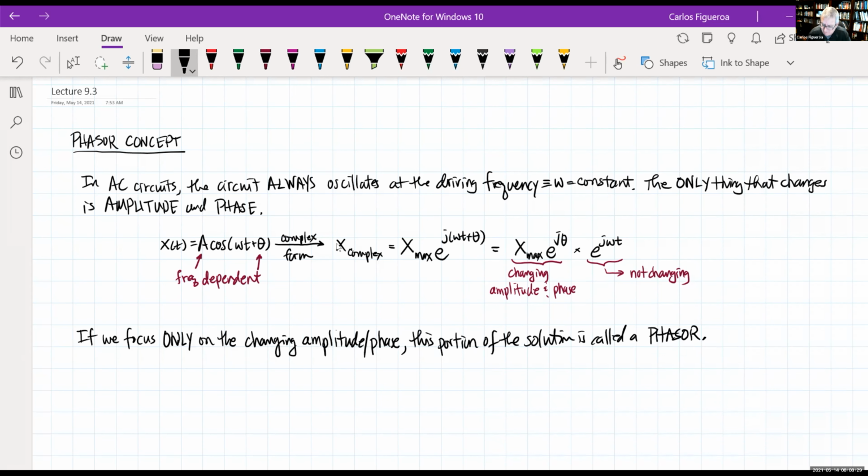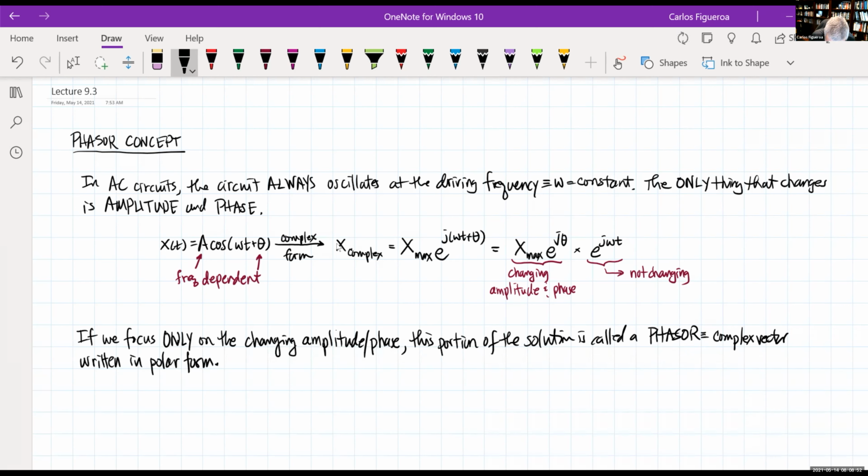And all a phasor, by definition, is a complex vector written in polar form. And our job here is really to do that.